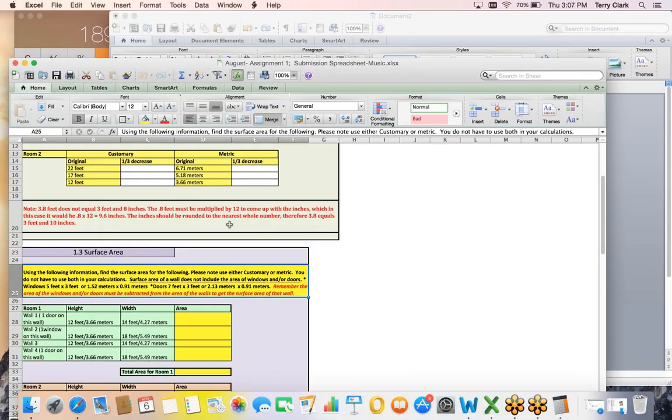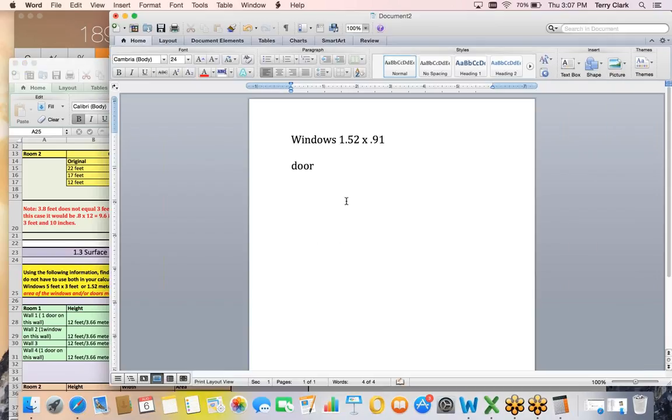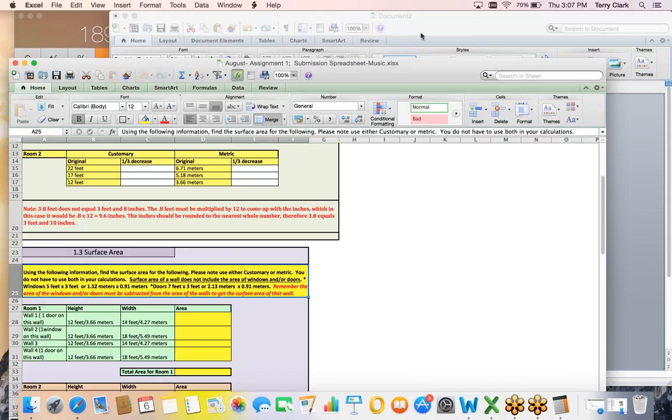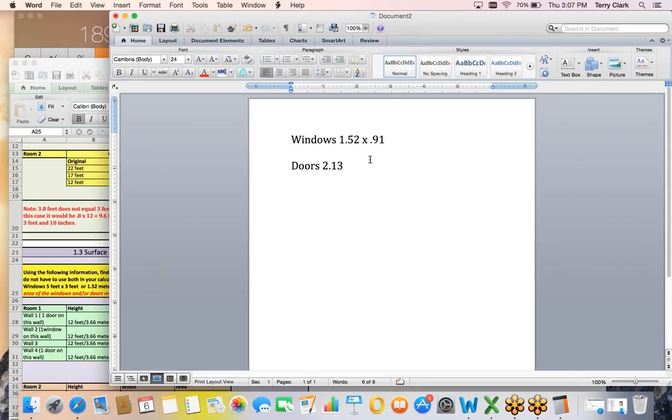And then we've got the doors, 2.13 and 0.91. They just all seem to have that same 0.91. Okay. And those are all meters. All right, so that's the windows and the doors.